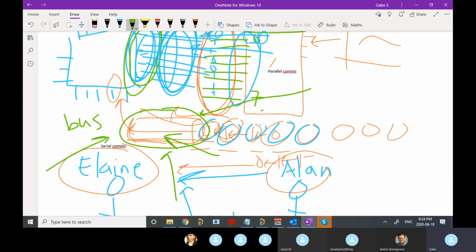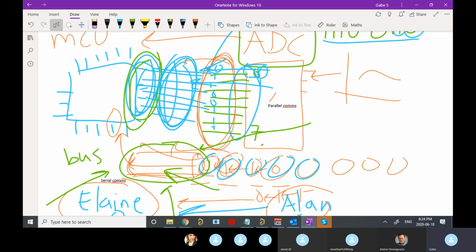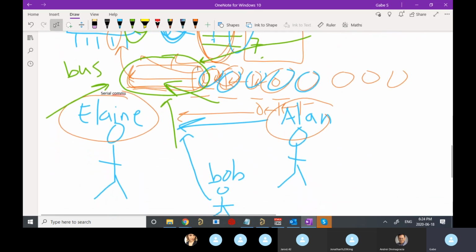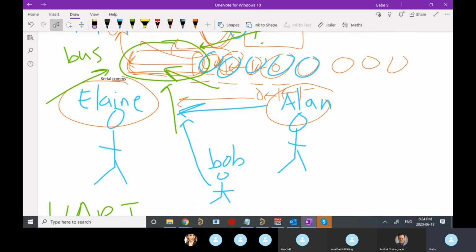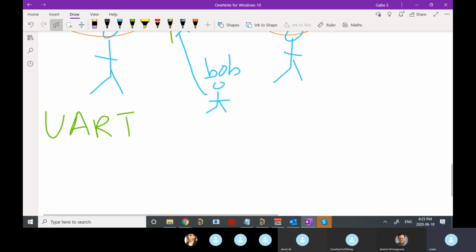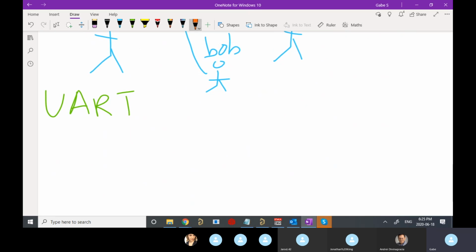Then a bus is very common in the terminology. And more so with parallel communication, to be honest, like the parallel bus. But it's very common to refer to any communication protocol as like the UART bus or the I2C bus or SPI bus, for example. So UART is the first one, pretty fundamental.